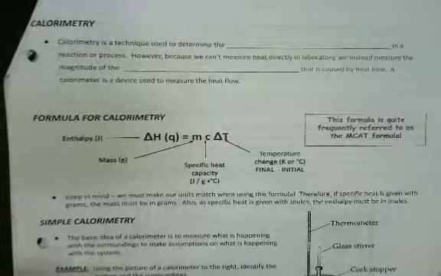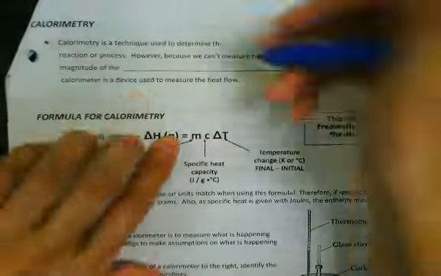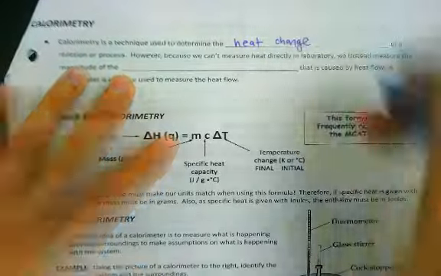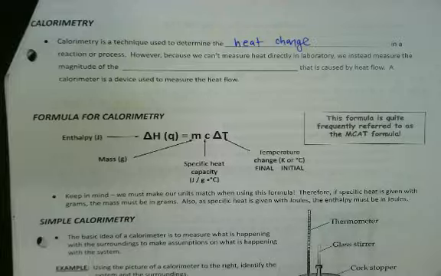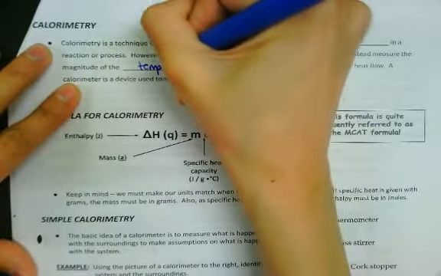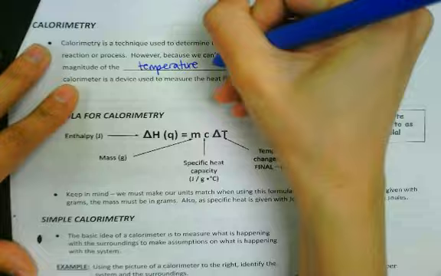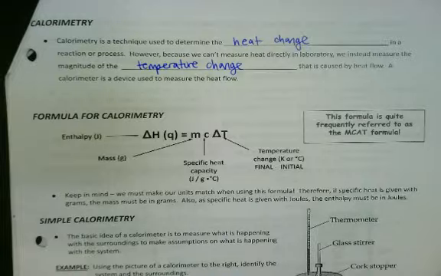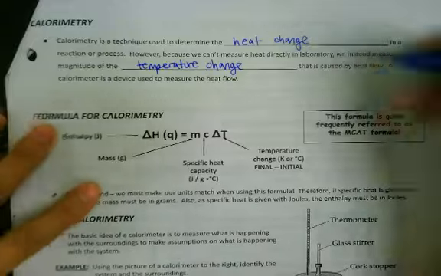Calorimetry is a technique that is used to determine the heat change in a reaction or a process. Since we cannot measure heat directly in the laboratory, we are going to measure the magnitude of the temperature change caused by heat flow.